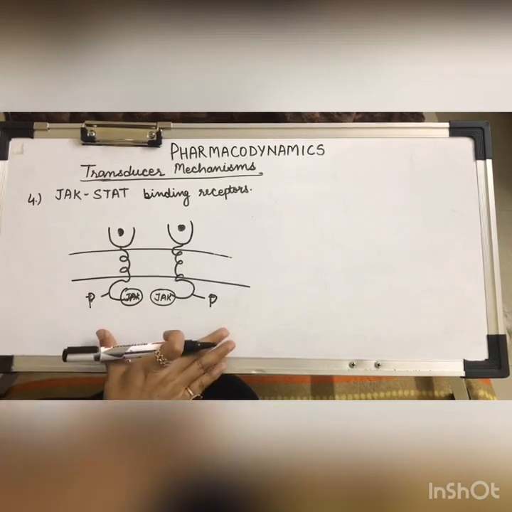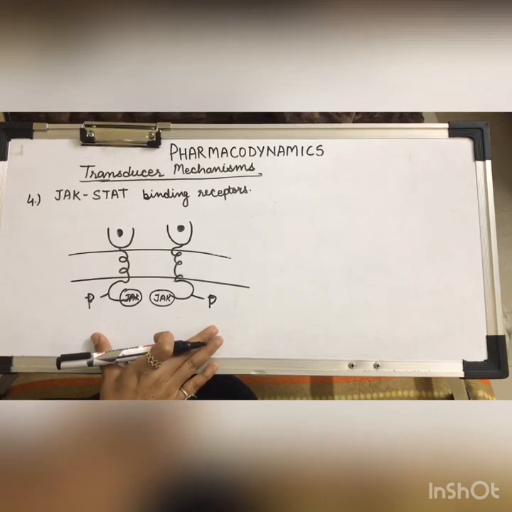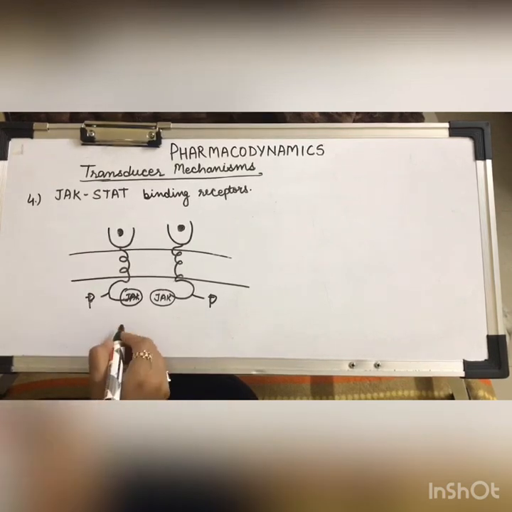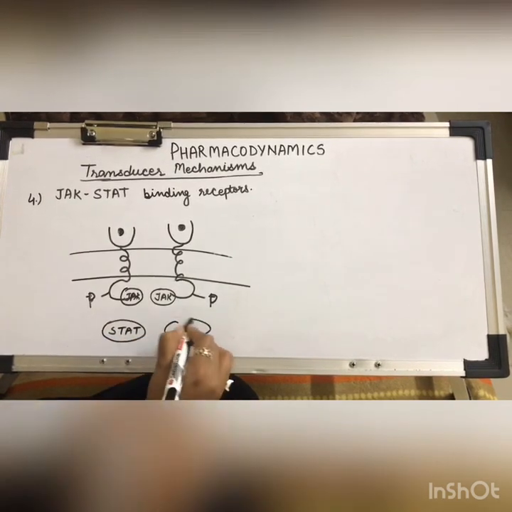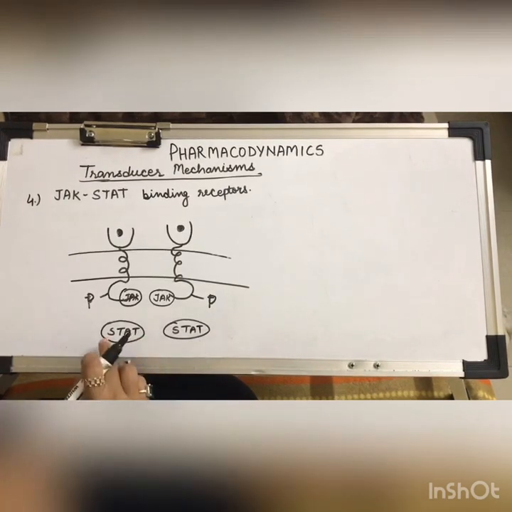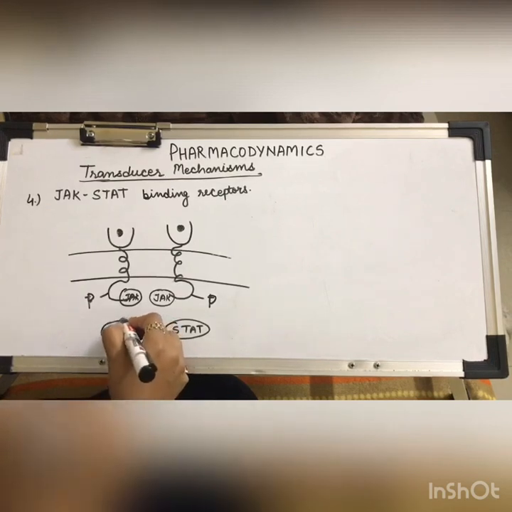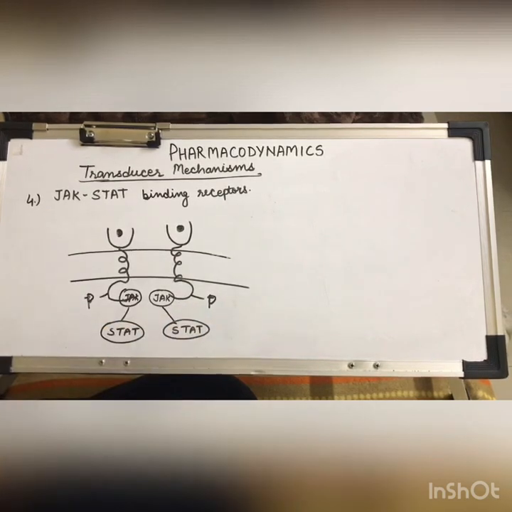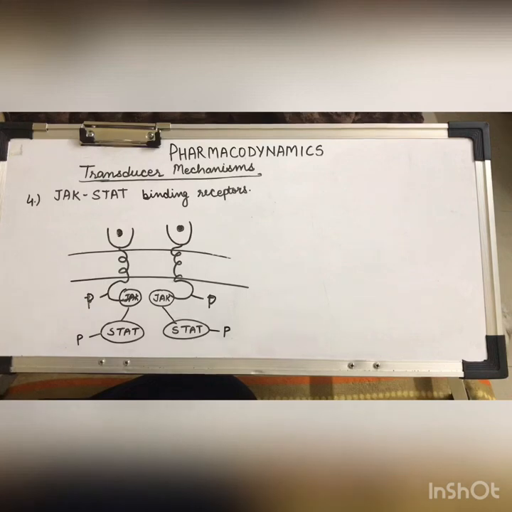Now phosphorylation of these tyrosine residues will increase the binding of the STAT molecules. Again, STAT molecules are freely moving protein molecules in the cytosol, known as signal transducer and activator of transcription. They now bind with this JAK. When they bind with this JAK, the tyrosine residues of the STAT also get phosphorylated.